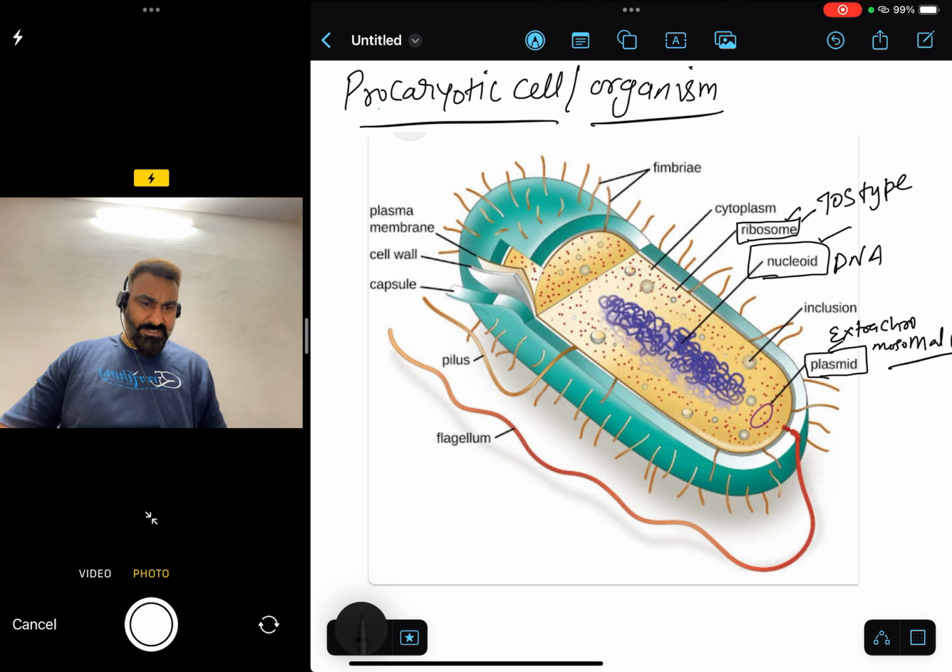And then we see small dot-like structures which contain food particles, which are known as inclusions or food granules.